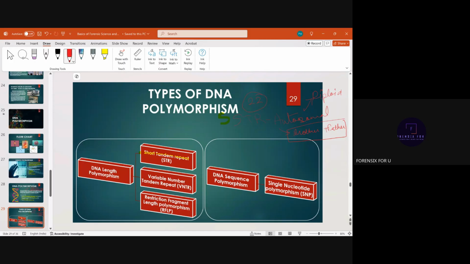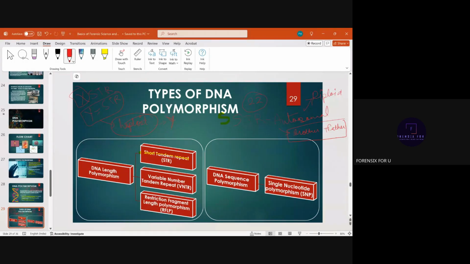In addition to this, we have XSTR, which is on the X chromosome, and YSTR, which is present on the Y chromosome. The Y chromosome is a haploid examination procedure. This can help you identify the presence of male DNA at a particular place.